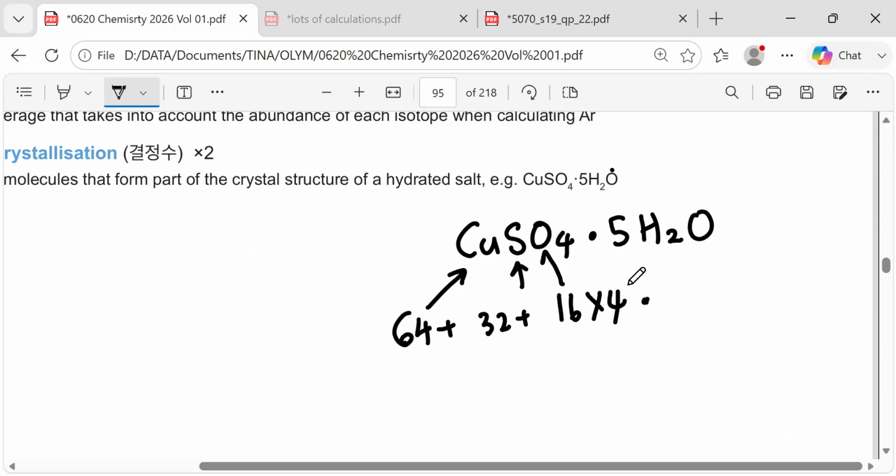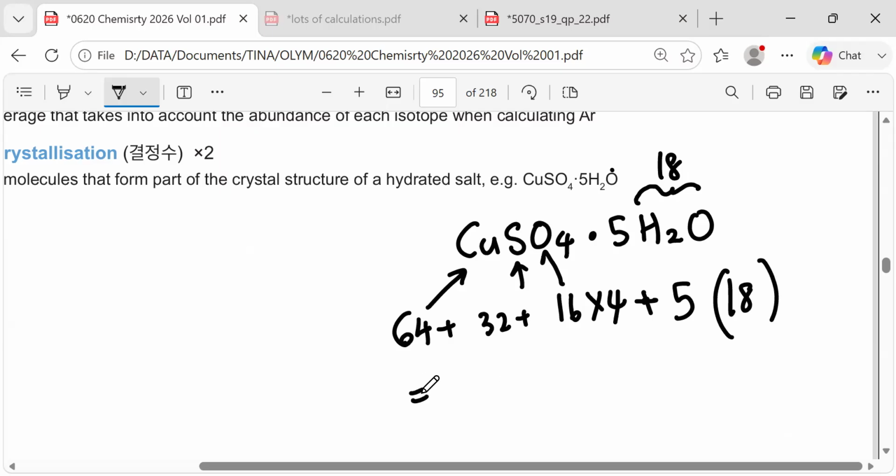That gives 160. Now this dot, you add. But 5 H2O: H2O is 18, hydrogen is 1 times 2, oxygen is 16. So you take 5 multiplied by 18.